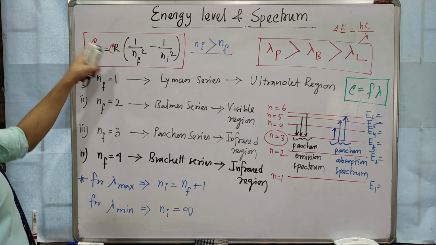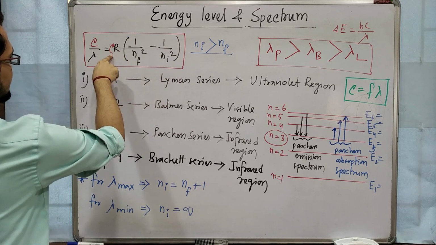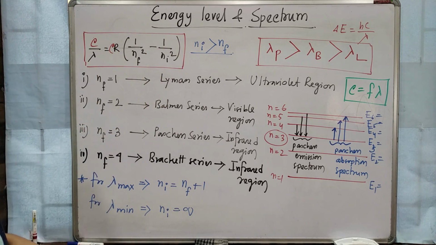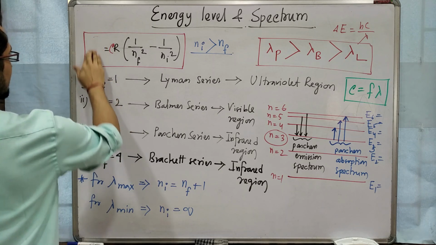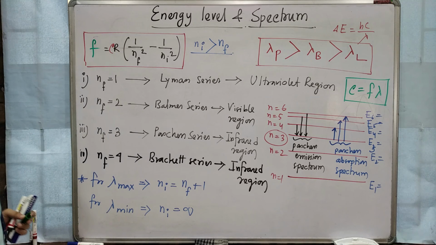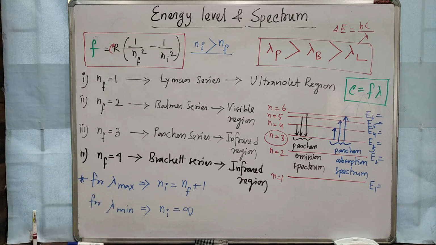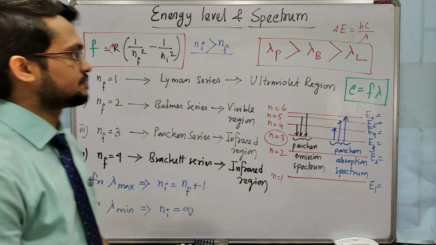So multiply both sides by c: whatever value you get for 1 by lambda, multiply that quantity by c, 3 into 10 to the power 8 meter per second, and you will get the frequency f. So frequency equals cR times this. Clear? So this is all about energy levels and spectra. Clear?